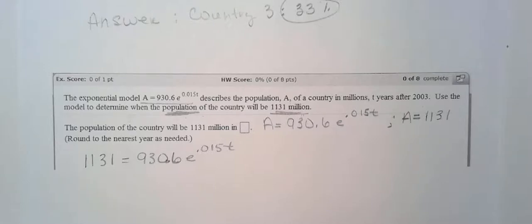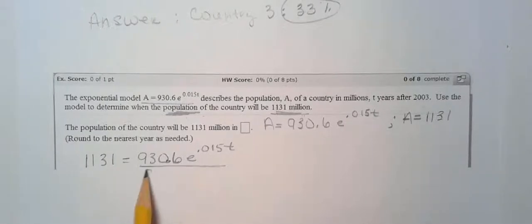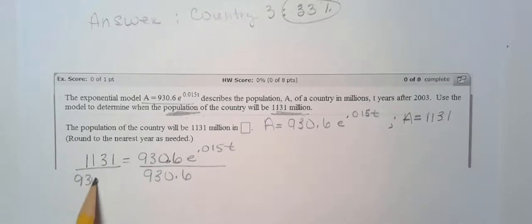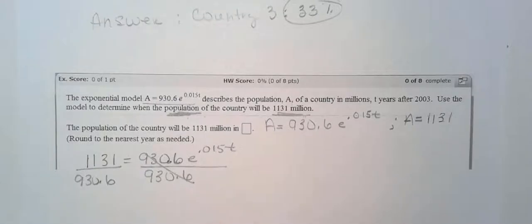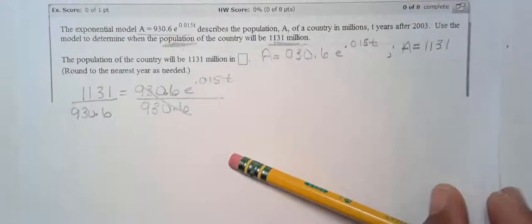So before we take the natural log of both sides, we want to solve this equation so that our base e is by itself. So what we're going to do is divide both sides by 930.6.